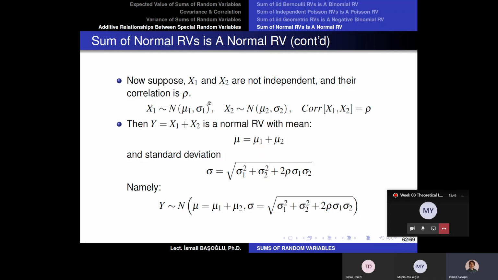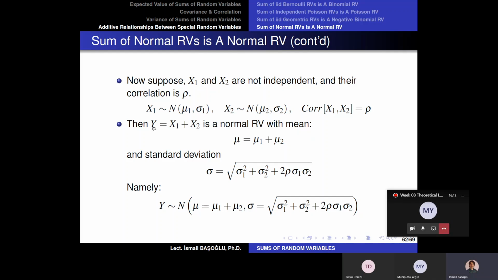And in that case, if we sum these two correlated normal random variables, the summation is still going to be a normal random variable. Again, the location parameter will be mu1 plus mu2. Why mu1 plus mu2? Because we know that the expected value of the sum is equal to the sum of individual expectations, right? And how about the variance of the sum?